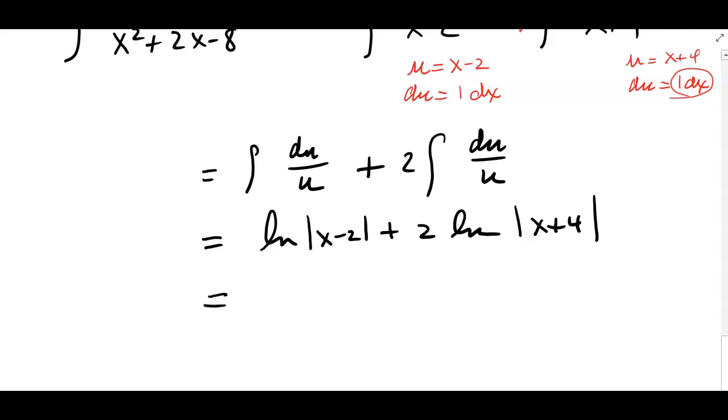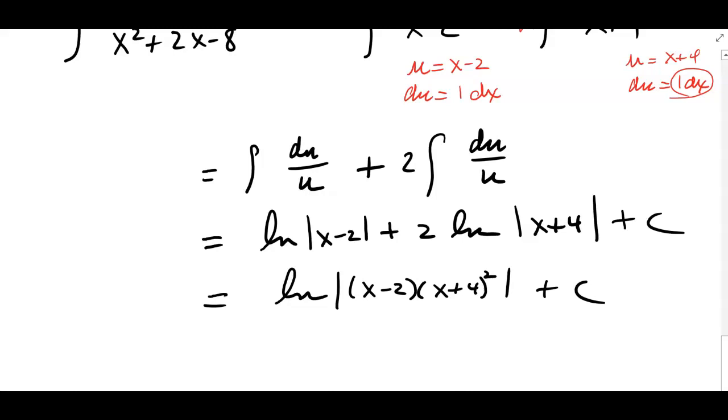If you have multiple ln's like this, this is plus, so you multiply them together: x minus 2 times x plus 4 squared. Don't forget your plus c. All right, so taking your rational expression and decomposing it into partial fractions is a way to help you integrate better.